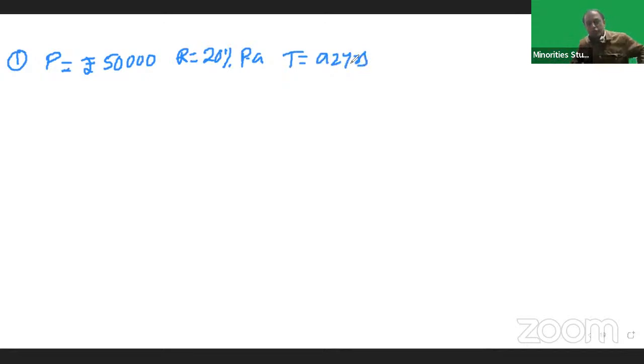Its value depreciation rate is 20% per annum. Then find the machine value after 2 years.